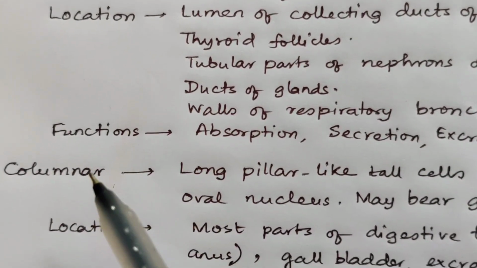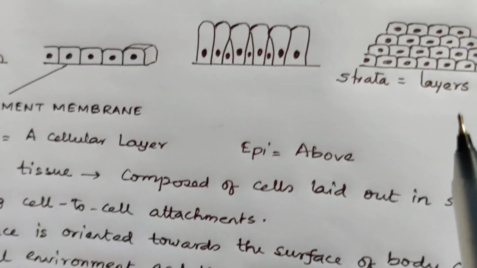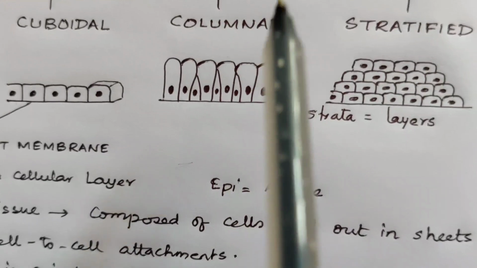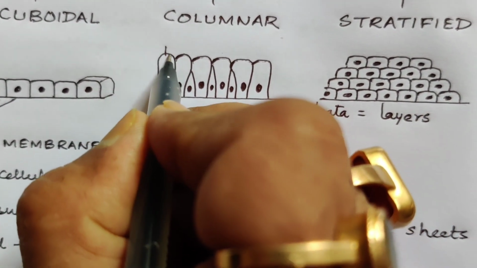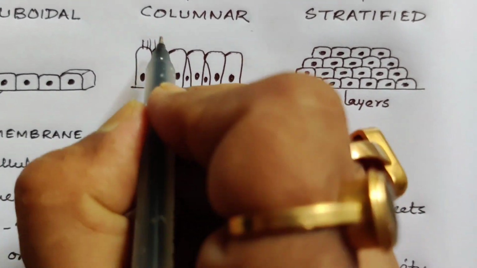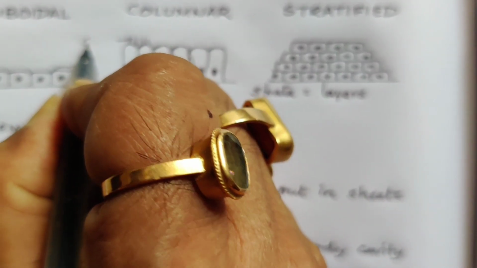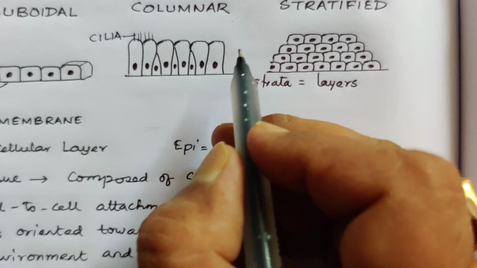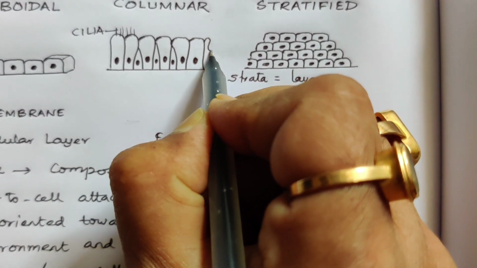Coming to the third one, columnar epithelium. They have long pillar-like structures. They may contain cilia on their head. Cilia means small hair-like processes. This is cilia. They may have certain glands like this.